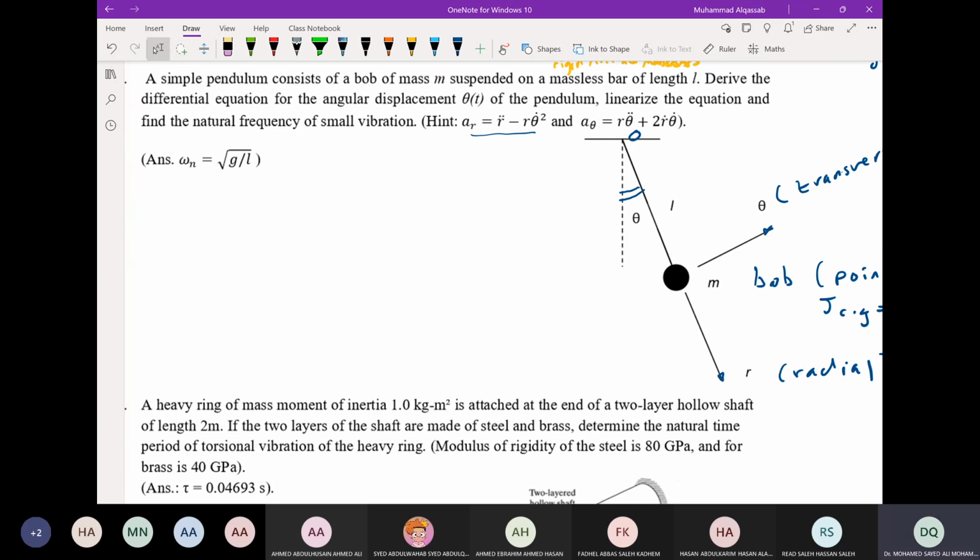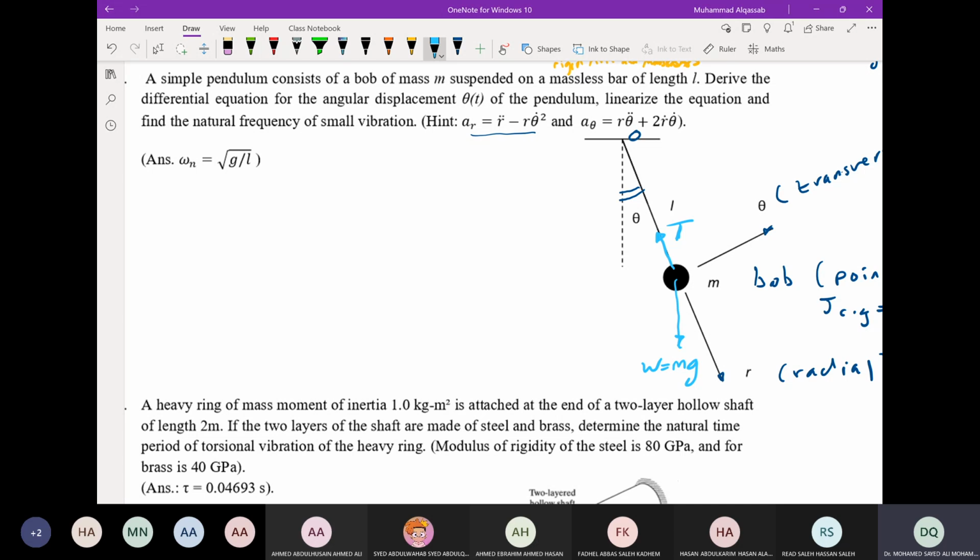Okay, the free body diagram of the mass: its weight, which is equal to mg, and the tension T in the chord. And then you resolve forces. We have expressions for AR and A theta.